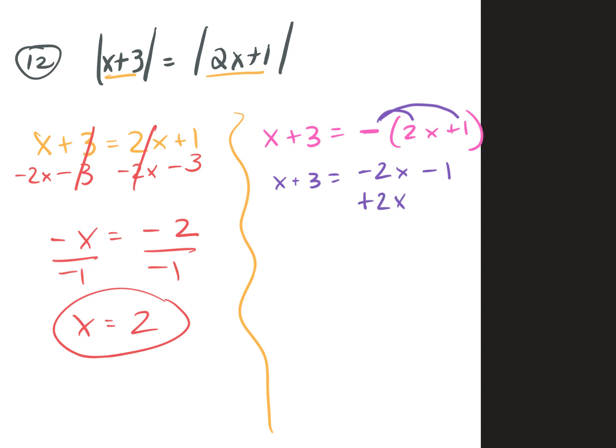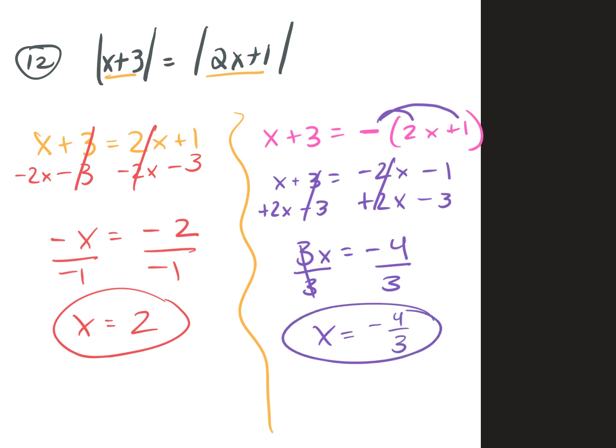We can add 2x to move it to the left side and subtract 3 to move our constant to the right. So 3x is equal to negative 4. What's the last step? Divide by 3. So x is equal to negative 4 over 3. So these would be our two answers. So notice for every question we had two answers except for the one that was no solution.